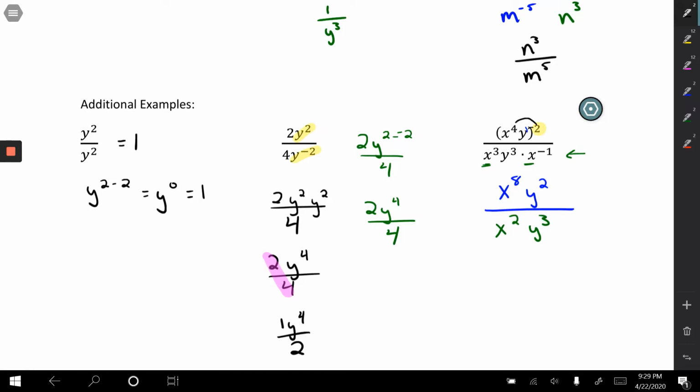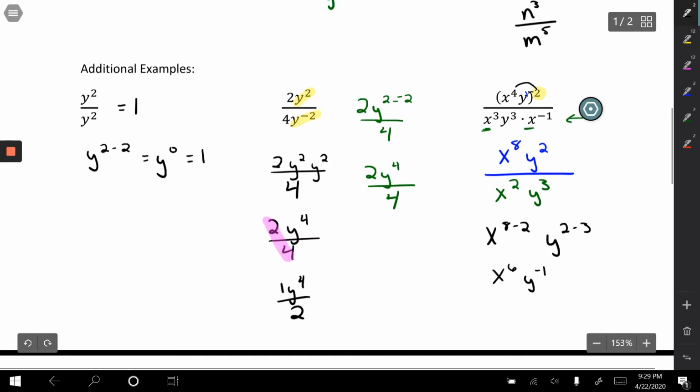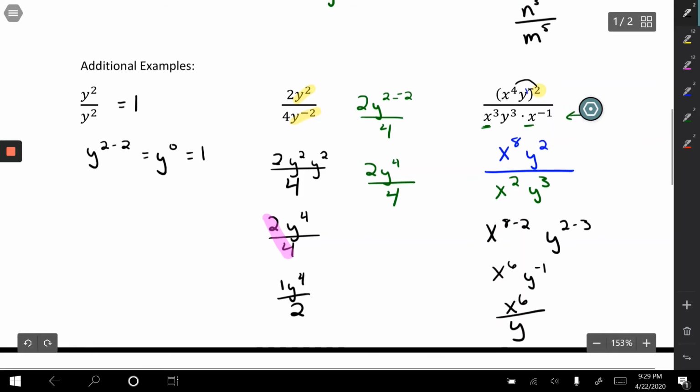This is where I need to use my quotient rule. So I'm thinking I have x to the 8 minus 2, and I have y to the 2 minus 3. That will end up being x to the 6th power and y to the negative 1 power. Because it's a negative 1, that actually means it's on the wrong side of the fraction line and needs to end up on the bottom.